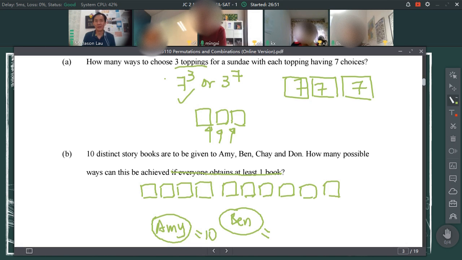You have to look at, in a practical sense, which one is the receiving end. In this case, Amy, Ben, Che, and Don are receiving the books, so they are the ones able to receive different types of books.